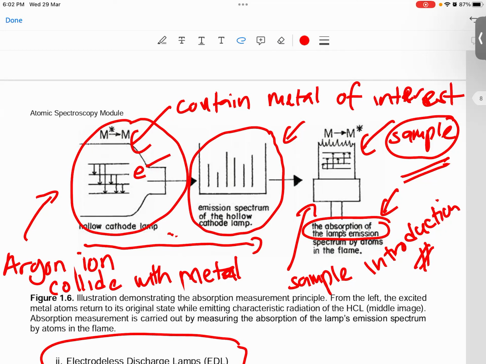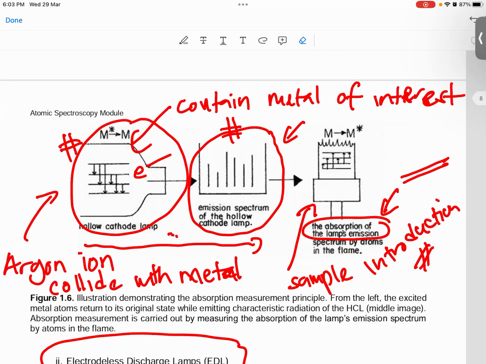This emission spectrum should be the correct one for the sample that we want to analyze. For example, if we want to analyze plumbum metal, then we should have a light source that will provide the correct emission light spectrum to analyze plumbum.